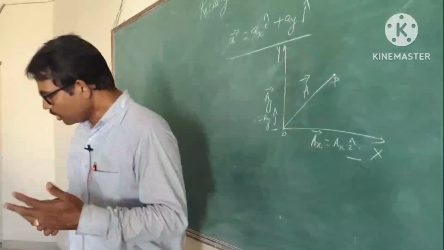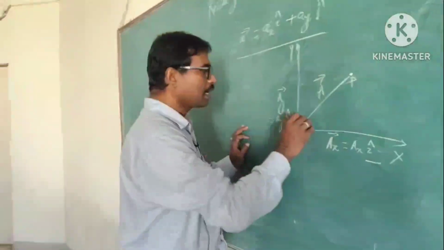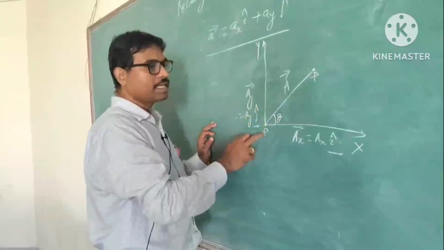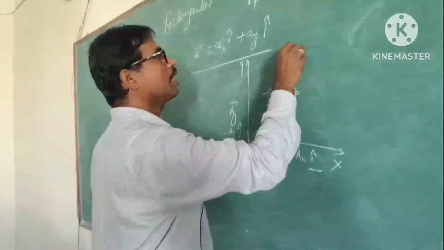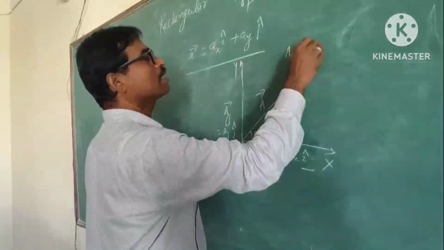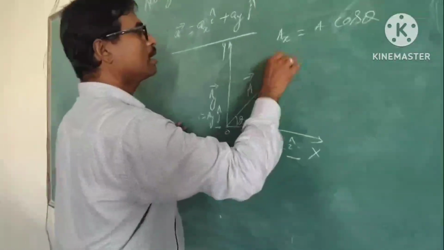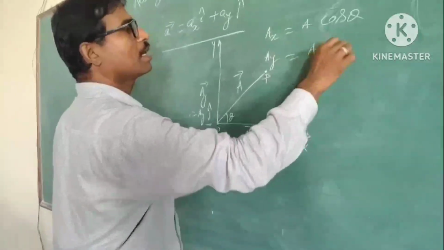When that vector makes angle theta with the x axis, ax is equal to a cos theta and ay is equal to a sin theta.